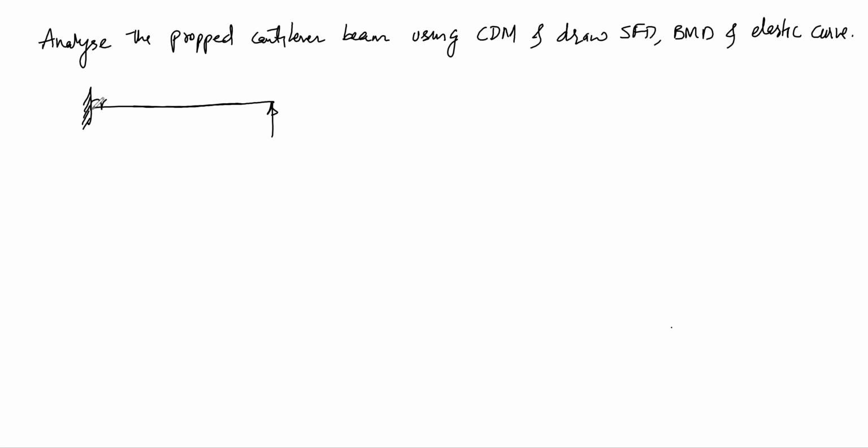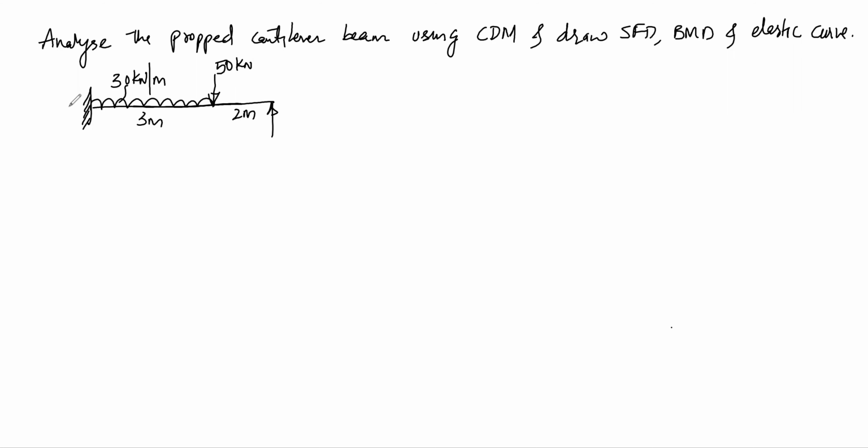There is a partial UDL of 30 kilonewton per meter over a span of 3 meters, and there is a point load of 50 kilonewtons at a distance of 2 meters from the prop.